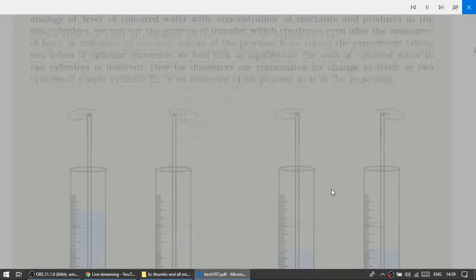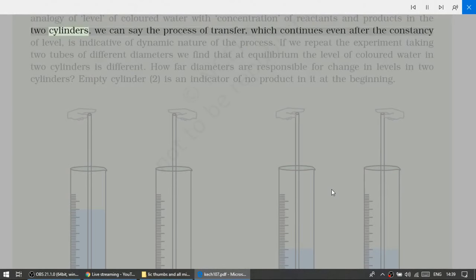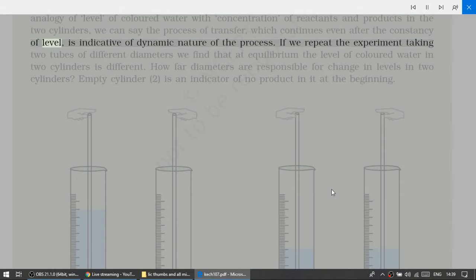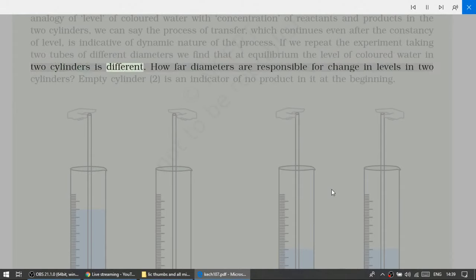If we take analogy of level of colored water with concentration of reactants and products in the two cylinders, we can say the process of transfer, which continues even after the constancy of level, is indicative of dynamic nature of the process. If we repeat the experiment taking two tubes of different diameters, we find that at equilibrium the level of colored water in two cylinders is different.